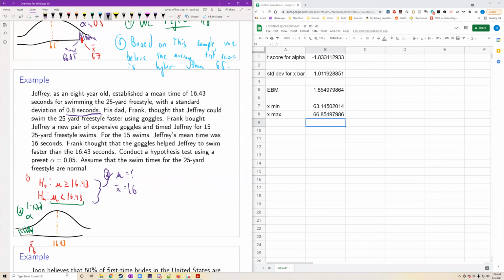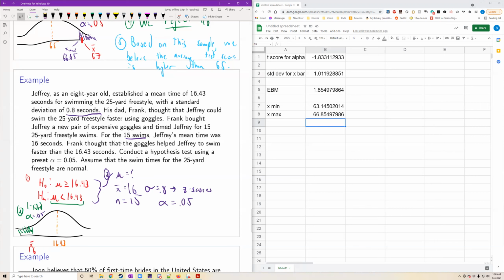That's the old standard deviation that Jeffrey had for his original swims. And he's been swimming long enough that we can believe that was a real standard deviation. So we'll say the true standard deviation is 0.8 seconds. That means we're doing z-scores. Sample size was 15 swims, and the alpha is 0.05. Put that in over here.